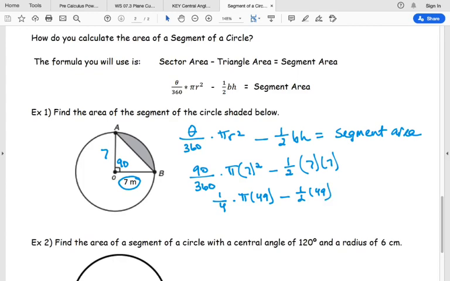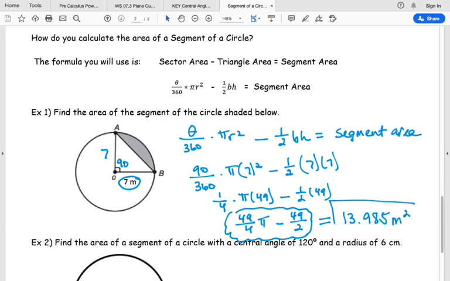So an exact answer would be 49/4 pi minus 49/2. You won't have to answer it as an exact answer on your quiz coming up. You're going to be asked to do a decimal. So if I type all of this into my calculator, 49/4 pi minus 49/2, I'll get 13.985 meters squared. And that's my answer.